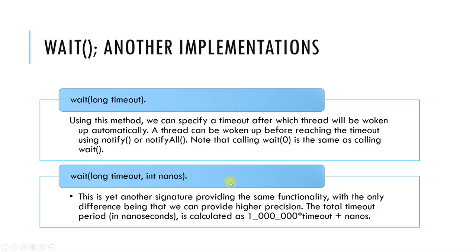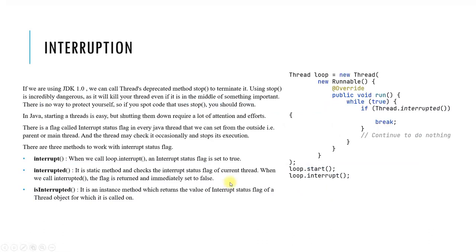So, interruption. The first versions of Java had a stop method, but the stop method is not safe because it will kill the thread in any case. It's not recommended to use the stop method. It's deprecated.